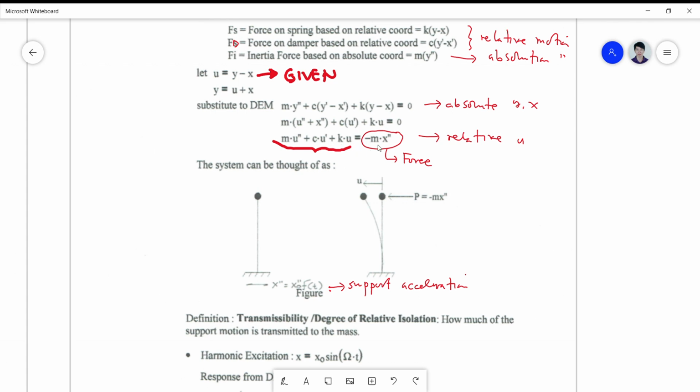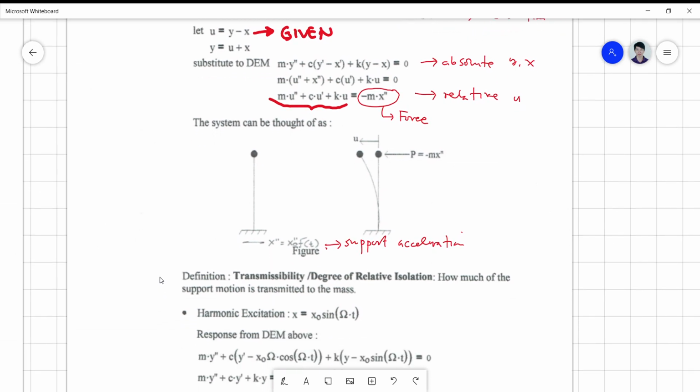The force is simply an equivalent static force P derived from the inertia force m x double prime, or simply the mass times the acceleration.